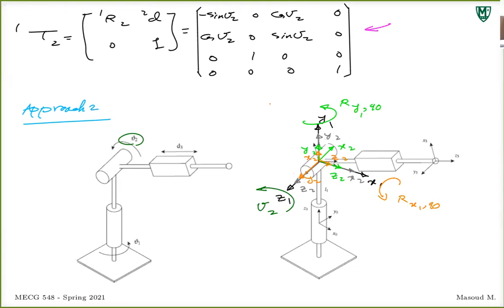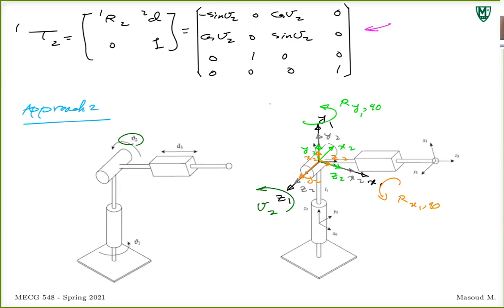Then I'll do another rotation about x1 now. I remember rotations are always happening about the first frame. So about x1 for 90 degrees, the bright green rotates 90 degrees about x1.